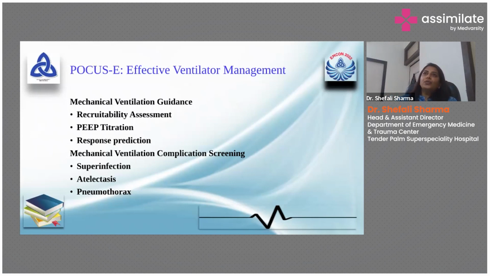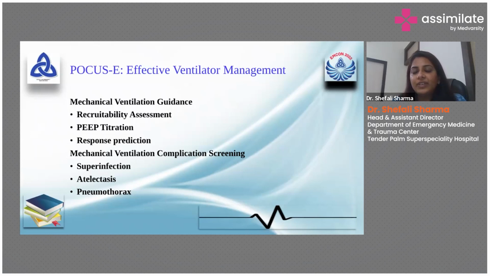What I mean by this is that mechanical ventilation guidance can be taken from ultrasound by recruitability assessment, PEEP titration, response prediction, how the patient is responding to the ventilator management, and mechanical ventilation complications screening, because the patient can have pneumothorax, barotrauma, there could be atelectasis, or there could be superinfection. When you start doing ultrasound, you will be able to identify these features.